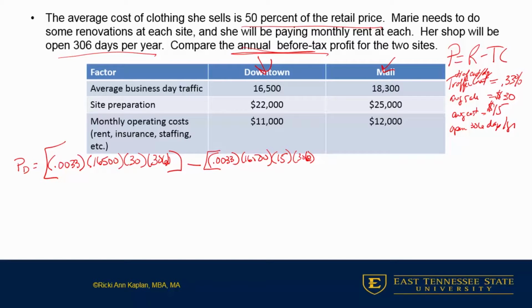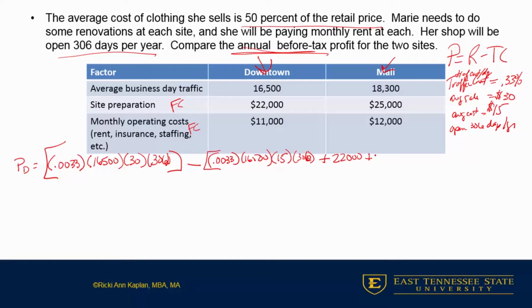Again, excuse my chicken scratch here. I want to add to that my fixed costs. My site preparation is a fixed cost, and my operating costs are fixed costs. I need to have these. So this is $22,000 for site preparation, and I have $11,000 per month.